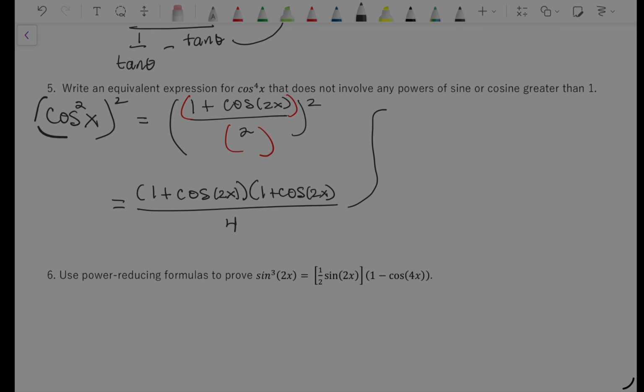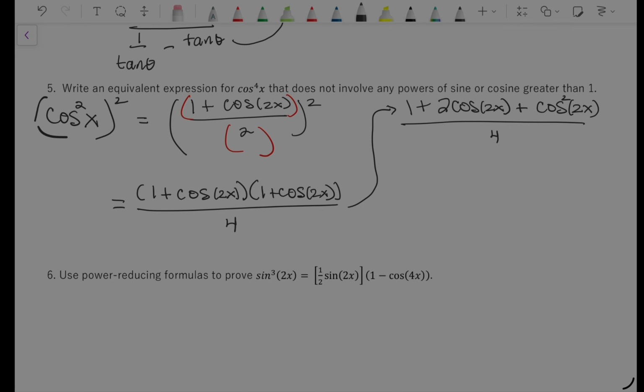I'm going to distribute the top out. I'll have 1 plus 2 cosine of 2x plus a cosine of 2x squared all over 4.